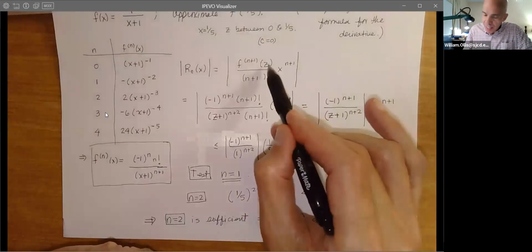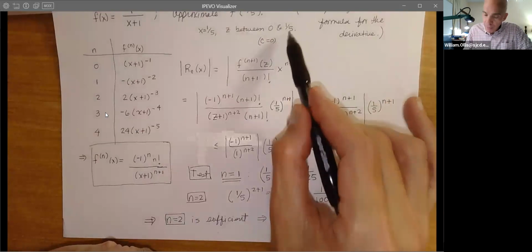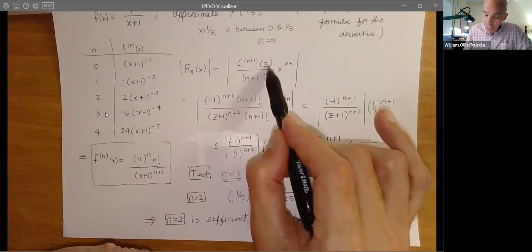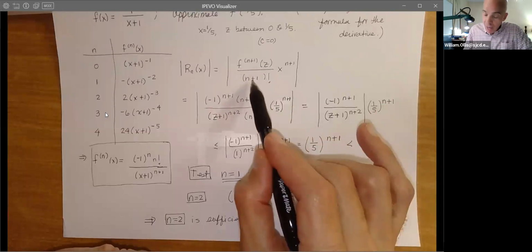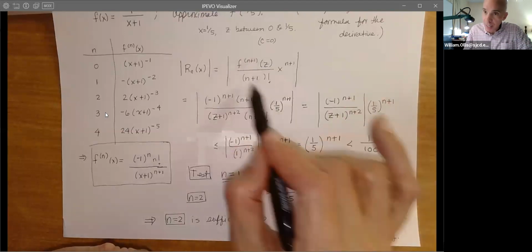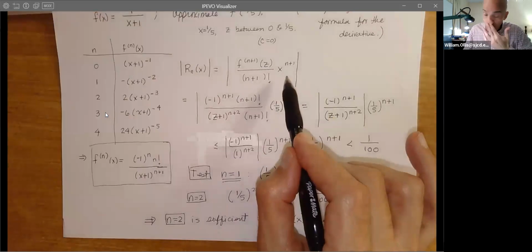Now, of course, this is for z between 0 and 1/5. So we have the n plus first derivative evaluated at z, divided by n plus 1 factorial, times x to the n plus 1. That's the actual formula for the remainder.